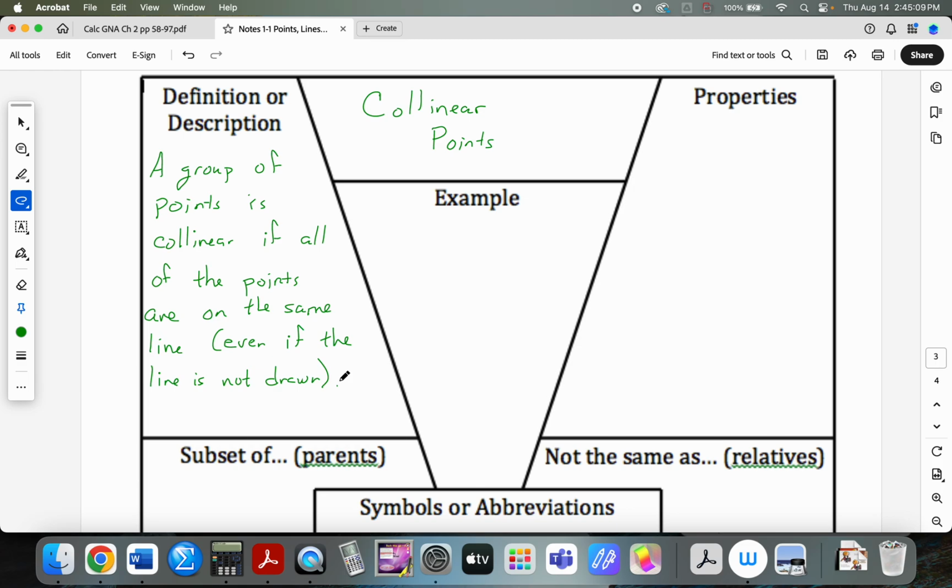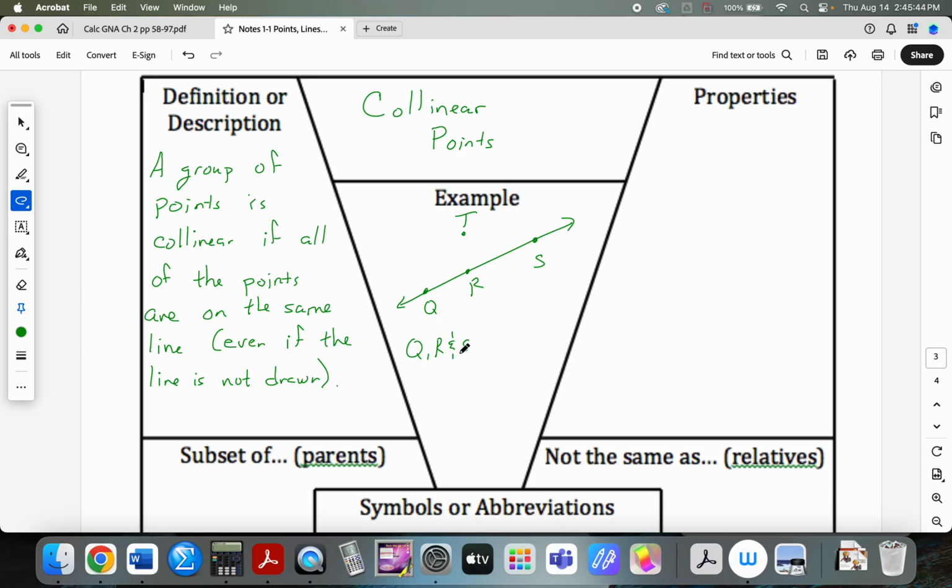Let me show you what I'm talking about. So let's draw a line. If you have this diagram, Q, R, and S are pretty obviously collinear, right?